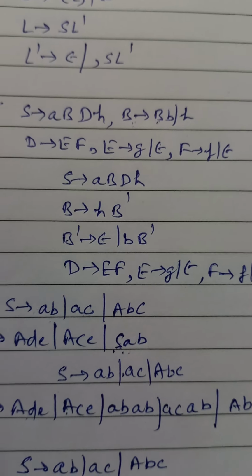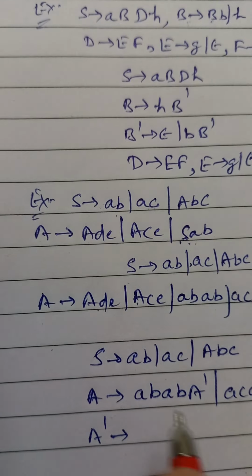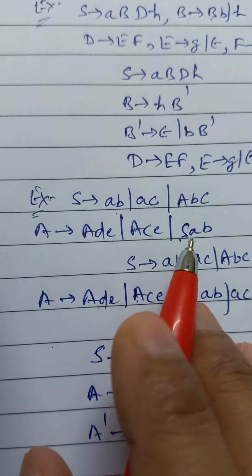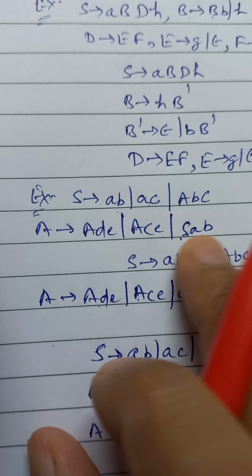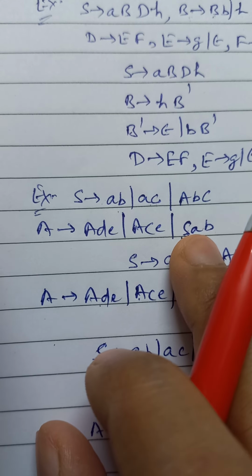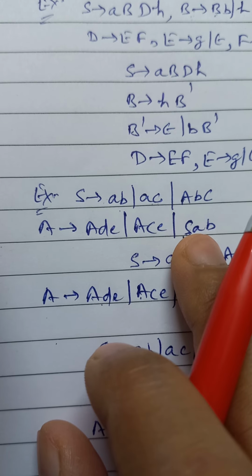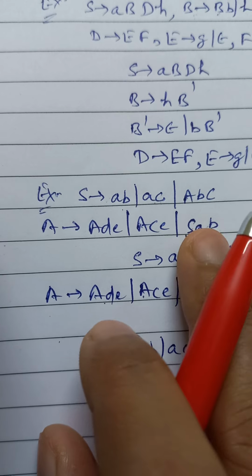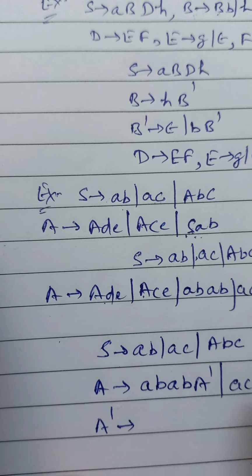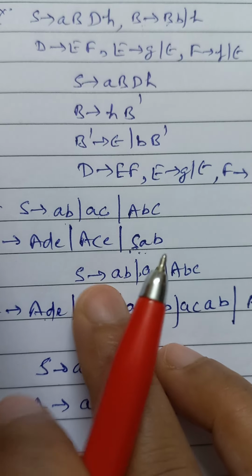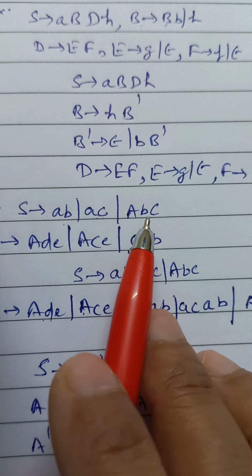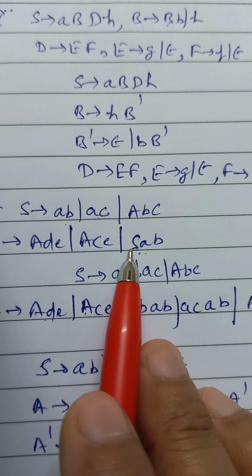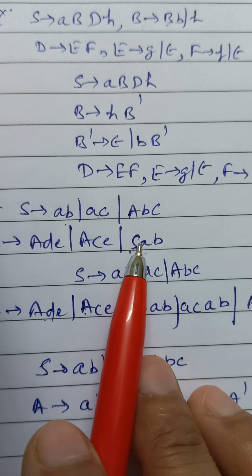Now move to the next example. Suppose we have this: S tends to AB | AC | ABC, and A tends to ADE | ACE | SAP. Here we can see there are some more productions which are creating trouble. So we solve this. First we write S: S tends to AB | AC | ABC. Because there is also an S here, these values will get changed by putting in the S value.